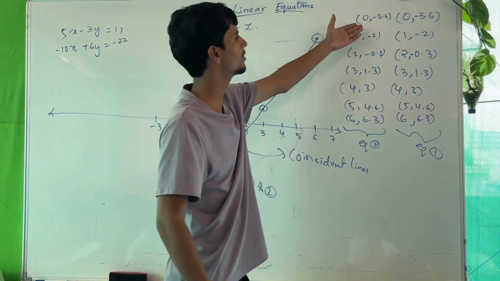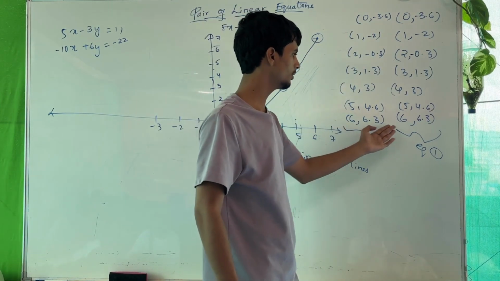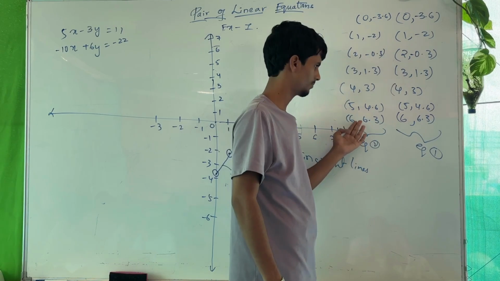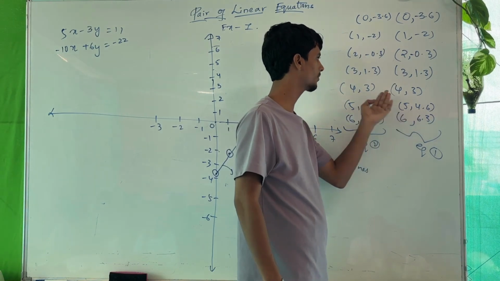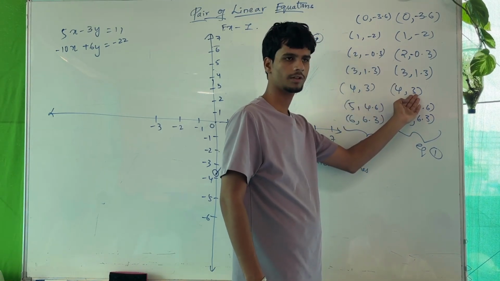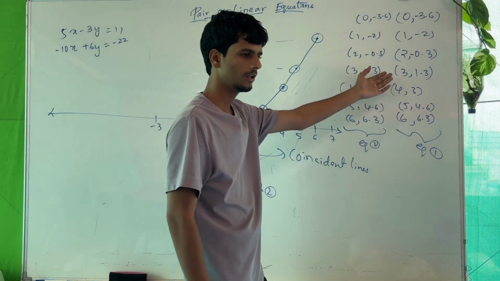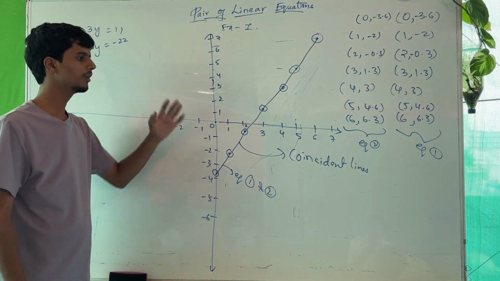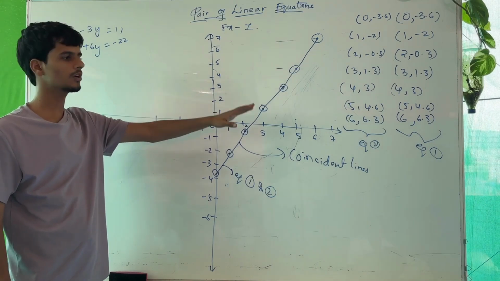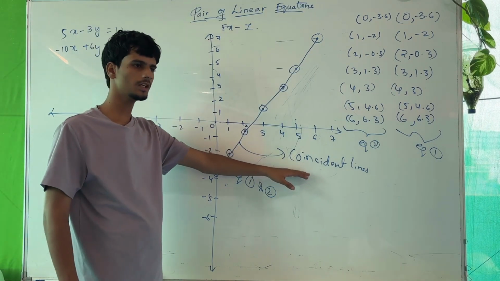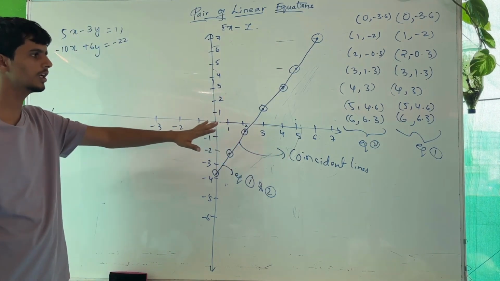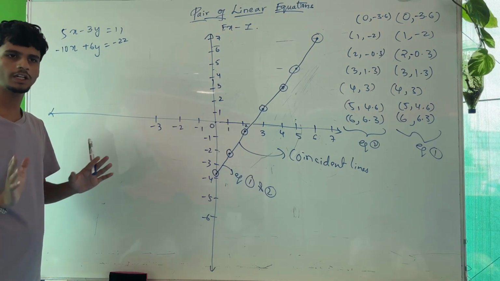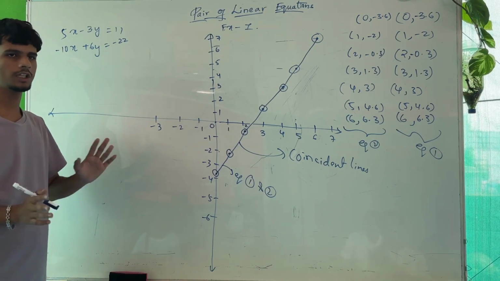You can observe 6 comma 6.3, 5 comma 4.6, 4 comma 3, similar solutions for both the equations. Such a pair of linear equations is called coincident lines. Okay, done. Have you got an idea how to draw the lines?